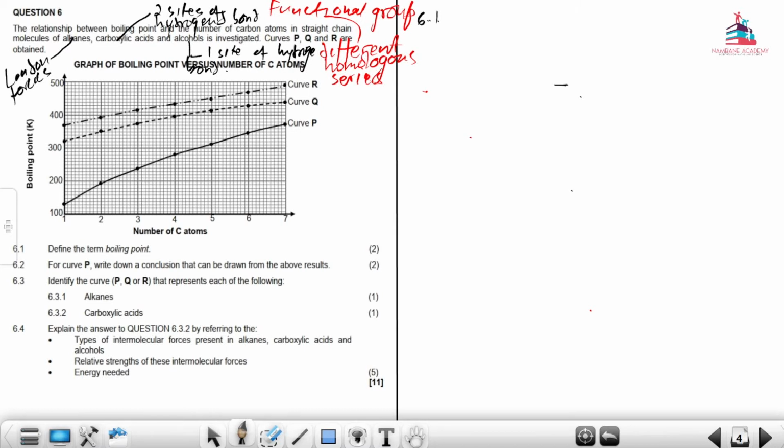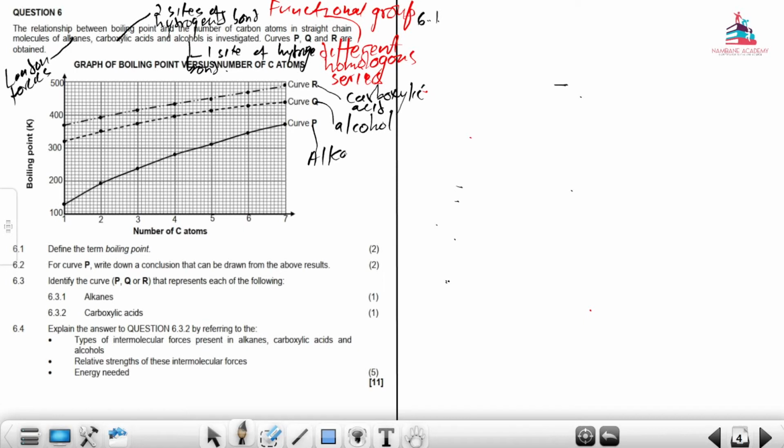It's clear that the one that is very strong, it's a carboxylic acid. Which one can be represented by a carboxylic acid? Already R, it's a carboxylic acid. By just analyzing the information that is given, then it should be followed by the alcohol, which is Q in this case. So Q is an alcohol, and then P, it must be an alkane.